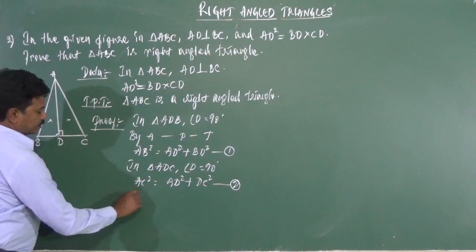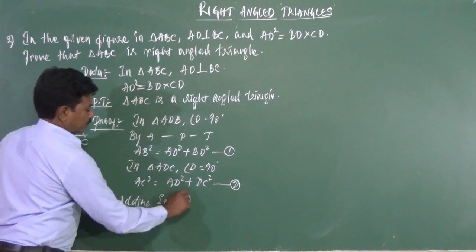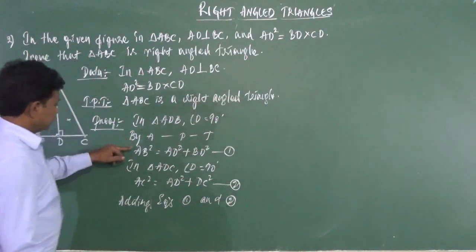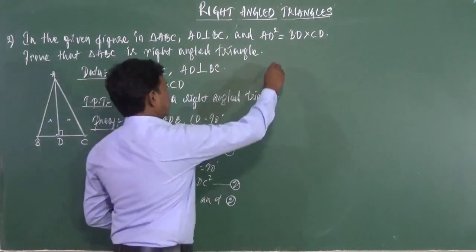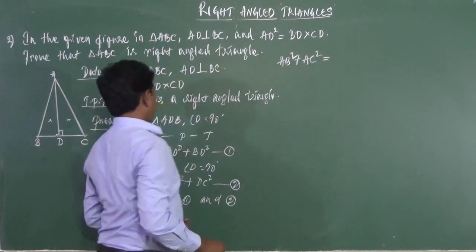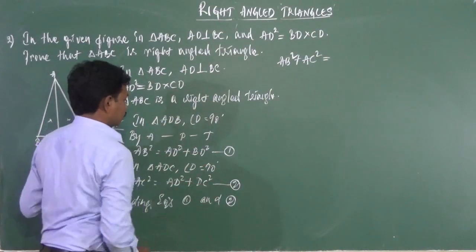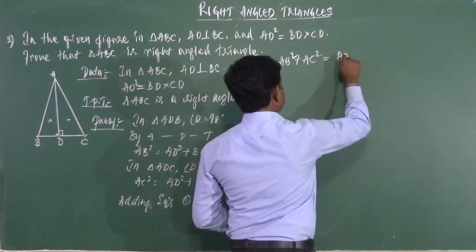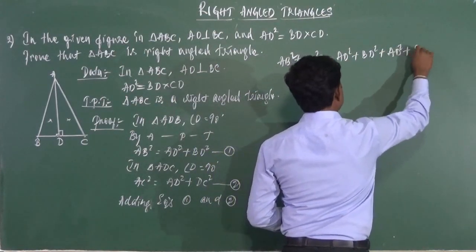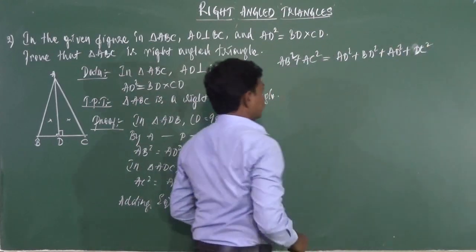Now adding equations 1 and 2. Let us add both the equations. We'll add LHS with the LHS, so that becomes AB square plus AC square is equal to, we'll add the RHS, AD square plus BD square plus AD square plus DC square.